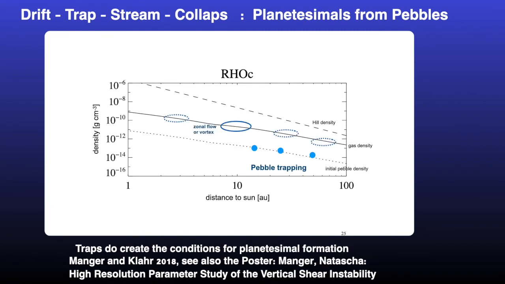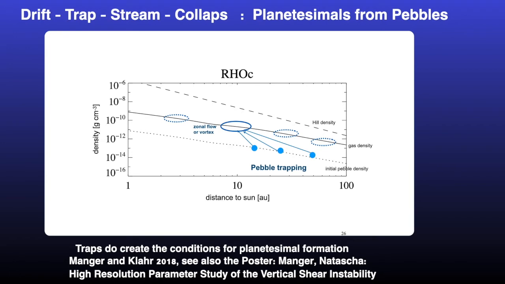And then if in the disk there are these pressure bumps, which also Daniel is exploring, and it could be a vortex as well. For a dynamicist, it's basically the same structure. A vortex is just a pressure bump which is not completely axisymmetric.